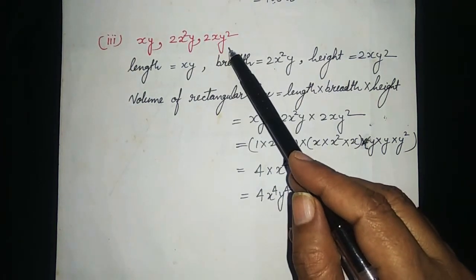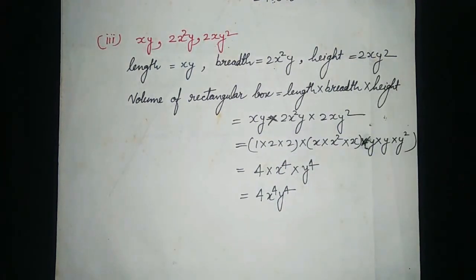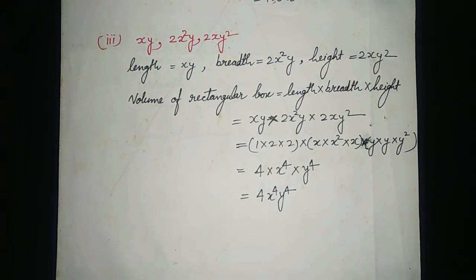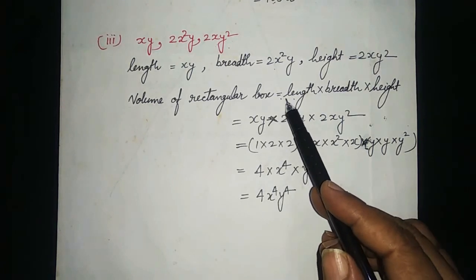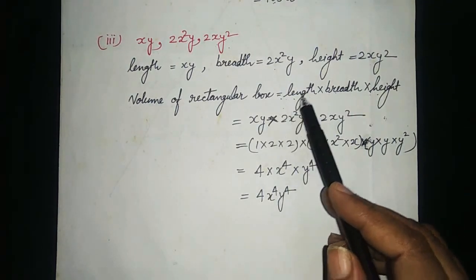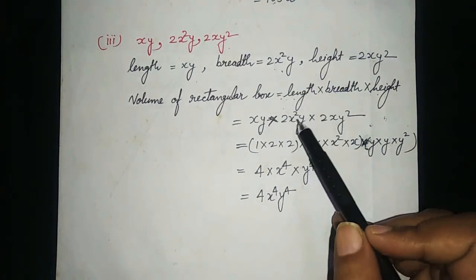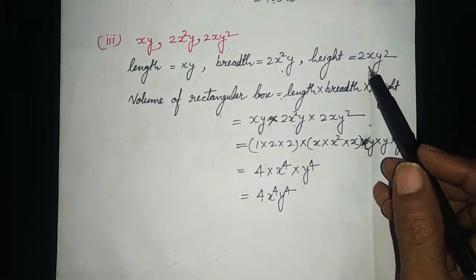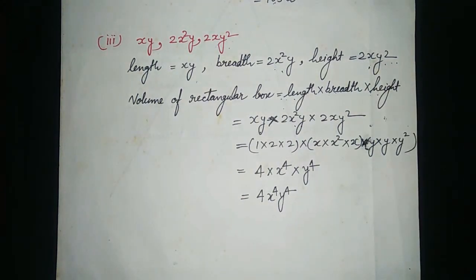And the last monomial 2xy square we will take as height. Now we will find volume of rectangular box. Here formula we will use length into breadth into height. Here length is xy, breadth 2x square y and height 2xy square.